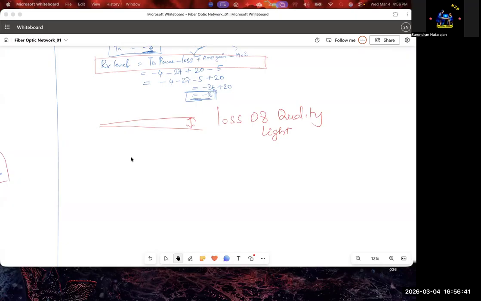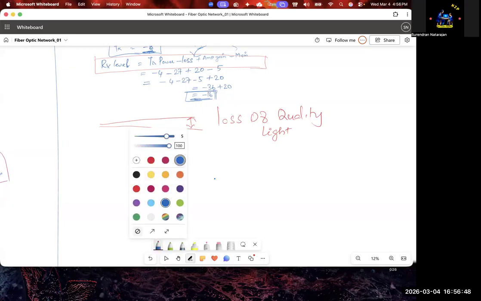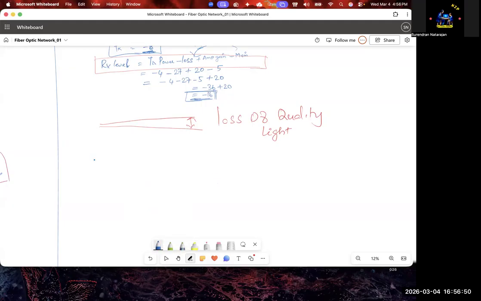For dispersion penalty, dispersion in terms of loss we call it penalty.